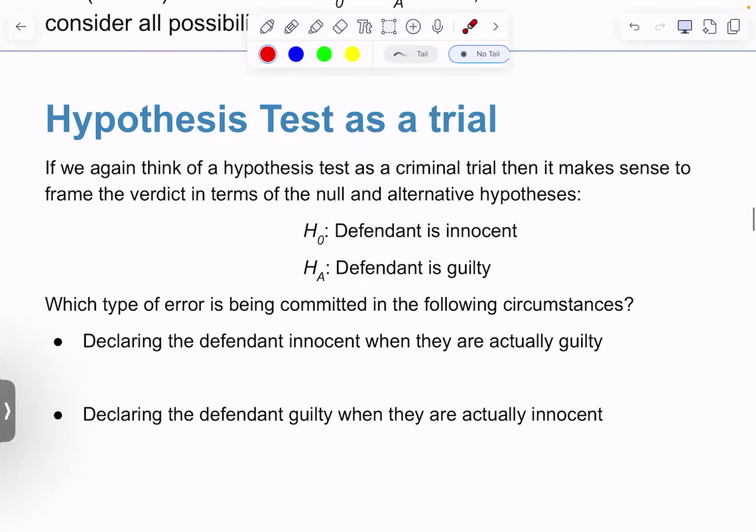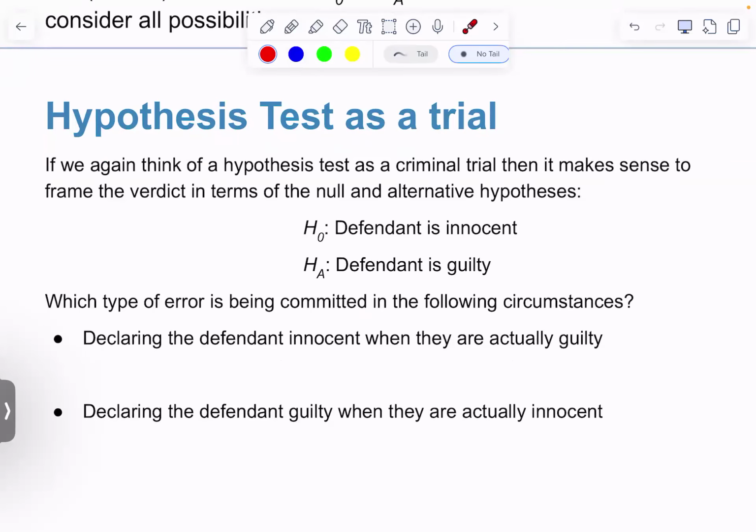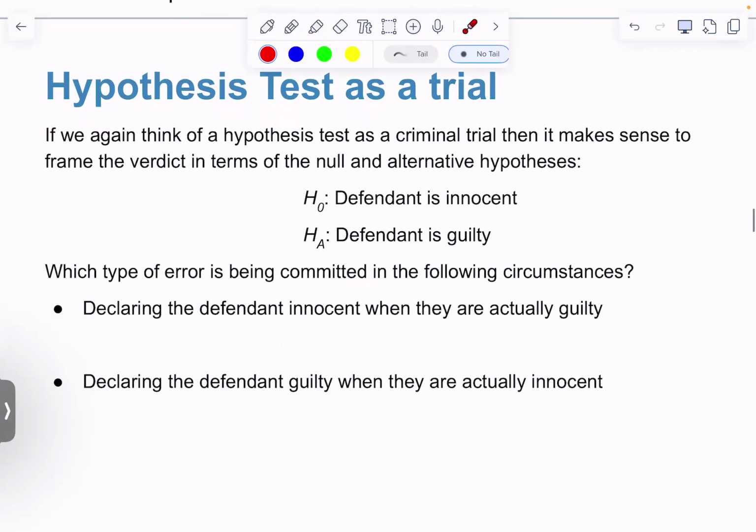Okay. So which type of error is being committed in the following circumstances? Declaring the defendant innocent, okay, that would be the same as failing to reject H naught, right? If you say, hey, this person's innocent, that's the same thing as just keeping H naught.